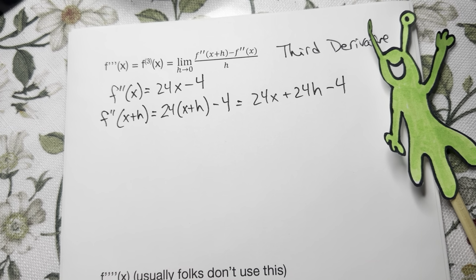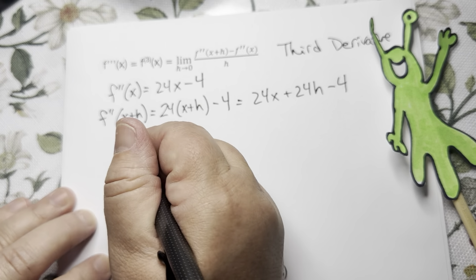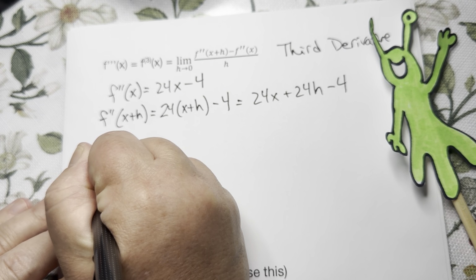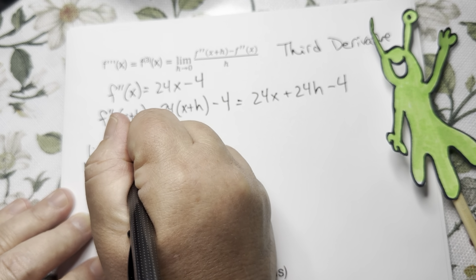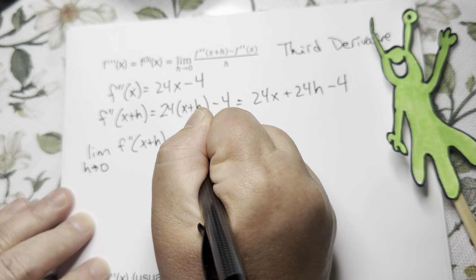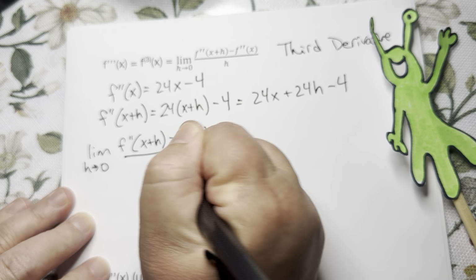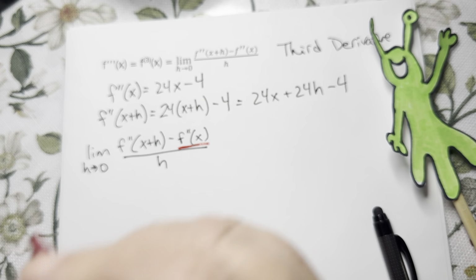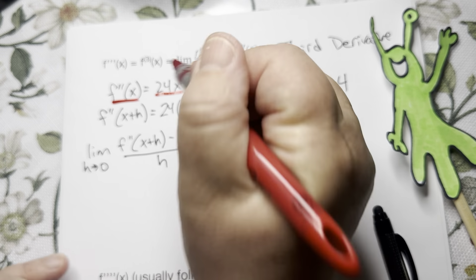Woohoo. So it's funny because a lot of times in math, if you keep going, things get harder and harder. With derivatives, frequently they get easier and easier. So we want to look at the limit as h approaches 0 of the second derivative at x plus h minus the second derivative at x all over h, right? And this is going to be our plain version, which is this guy.